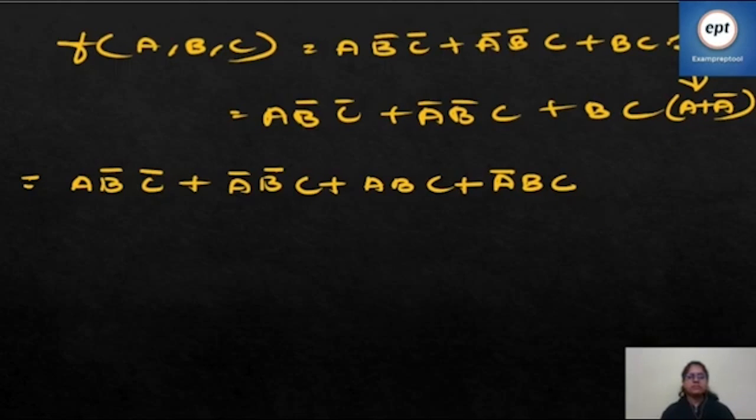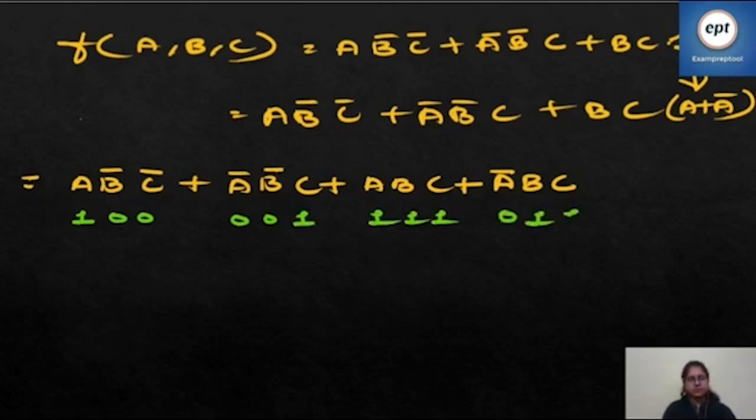After getting the complete expression, let's look for the min term values. This will be 1, 0, 0, and here it will be 0, 0, 1. Here it will be 1, 1, 1, and here it will be 0, 1, 1.